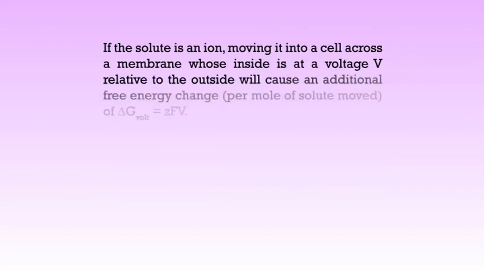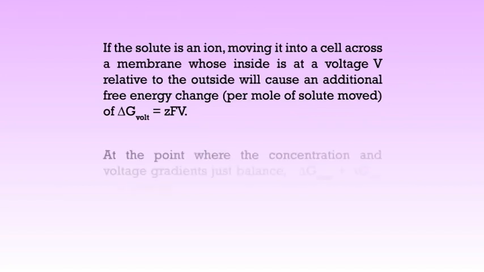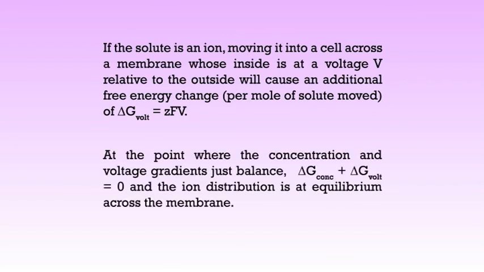If the solute is an ion, moving it into a cell across a membrane whose inside is at a voltage V relative to the outside will cause an additional free energy change per mole of solute moved of delta G volt equals ZFV. At the point where the concentration and voltage gradients just balance, delta G concentration plus delta G volt equals 0, and the ion distribution is at equilibrium across the membrane.